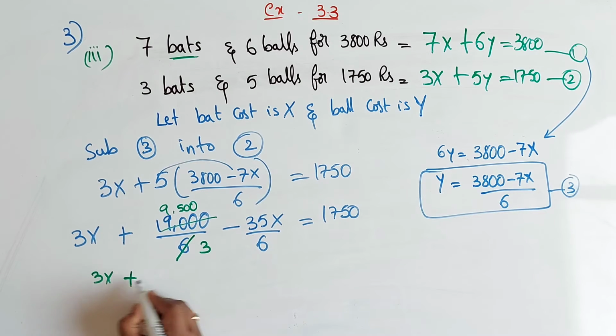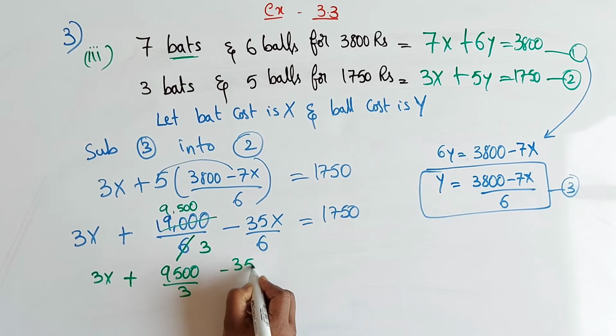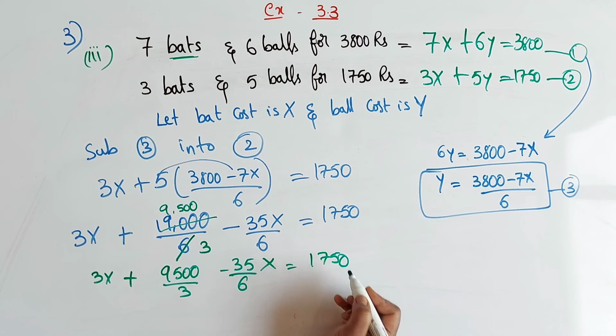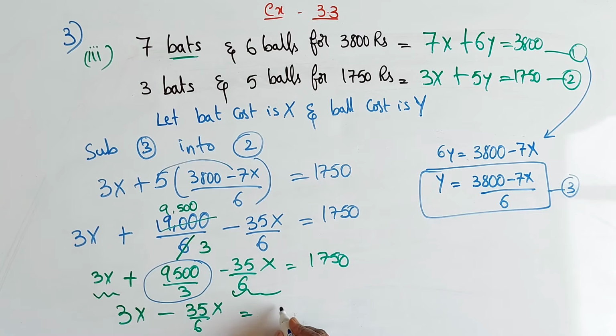Now this will be 3x plus 9,500 divided by 3 minus 35x by 6 equal to 1750, children. Now 3x minus 35x by 6, because both are x terms, no? Send this term to the right hand side. This will be negative: 1750 minus 9500 divided by 3.